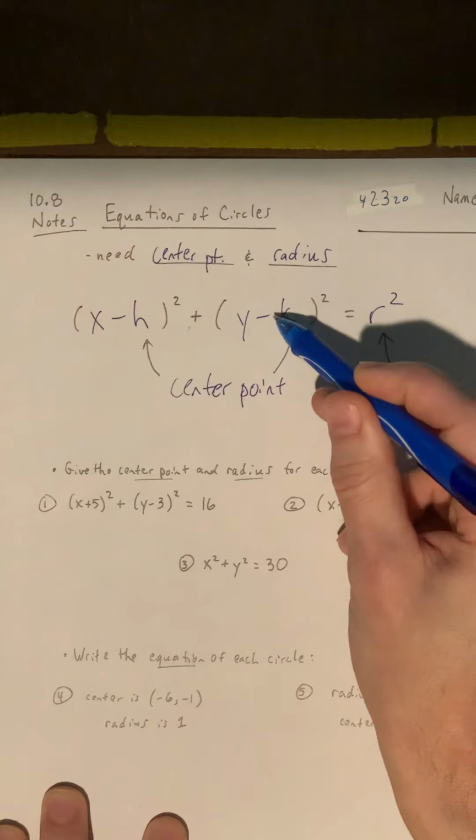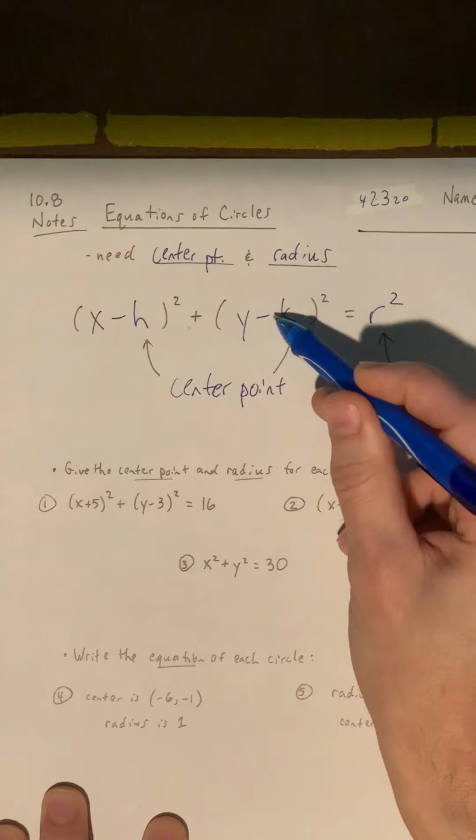Now, one thing to note about the center point, because the generic equation has subtraction signs, when you put the numbers into the equation, it's going to resemble the opposite symbol. For example, if the center point has a positive x of 3, when you put a 3 in here for h, it's going to look like a minus or negative 3.